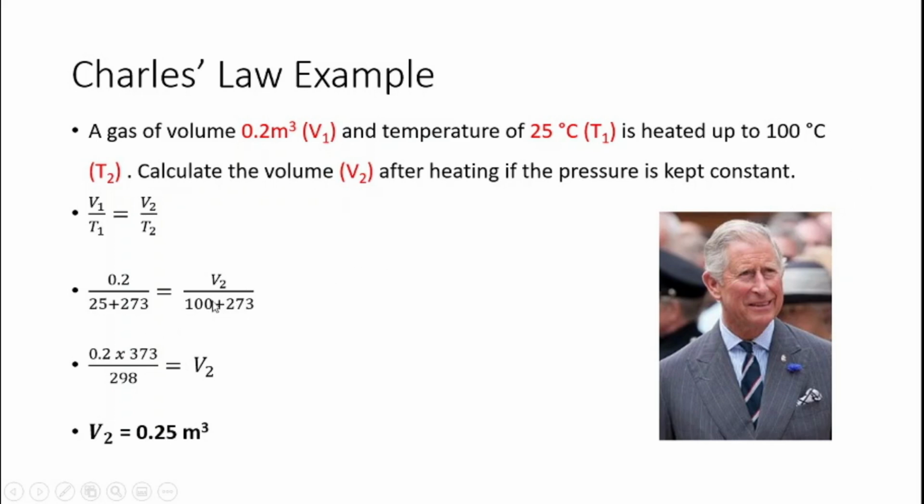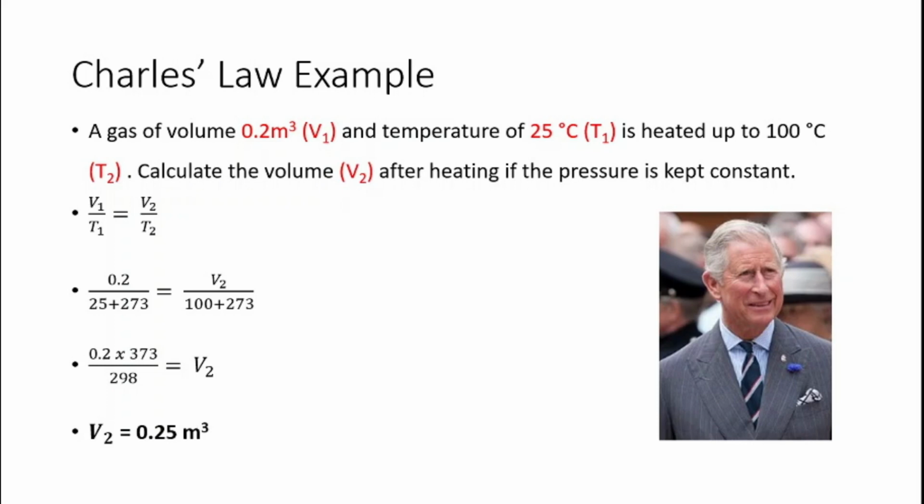So all I'm going to do now is bring this 373 up here. So 0.2 times 373, because 100 plus 273 is 373, all divided by 298, which is 25 plus 273, gives me V2.